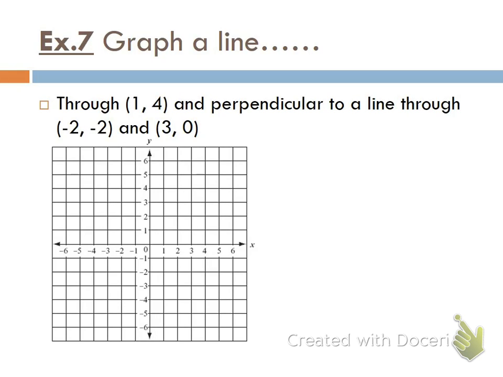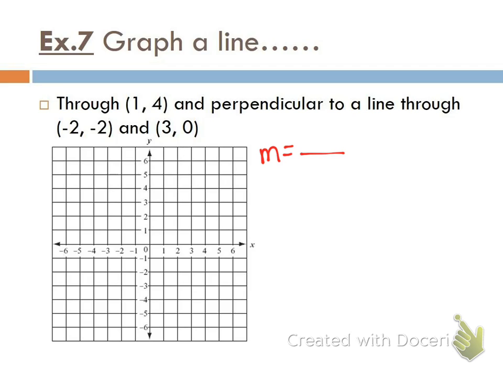Number 7, we are going to graph a line through 1, 4 and perpendicular to a line through -2, -2, and 3, 0. I, again, want to start off by finding my slope that I want to use. To find the slope I want to use, I first have to look at the slope of the line that they're giving me.